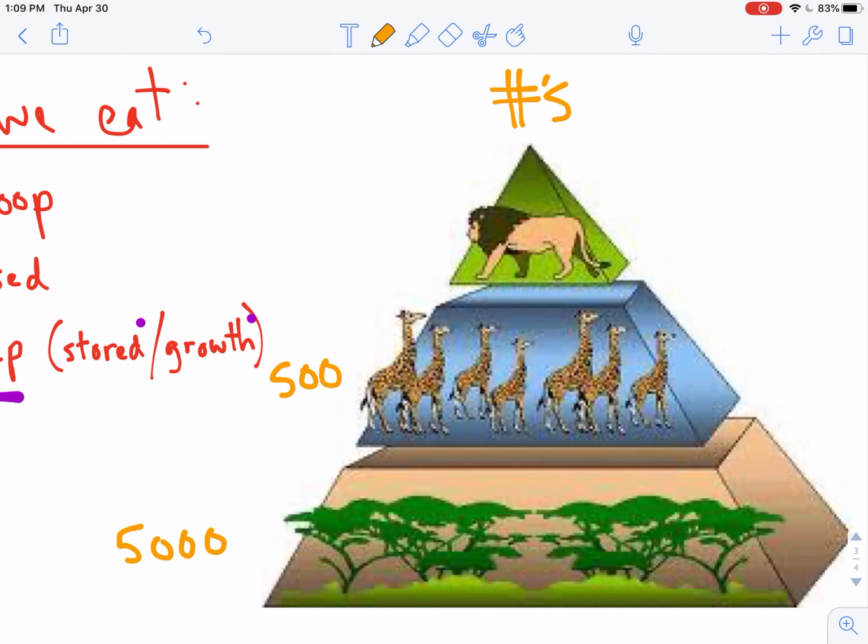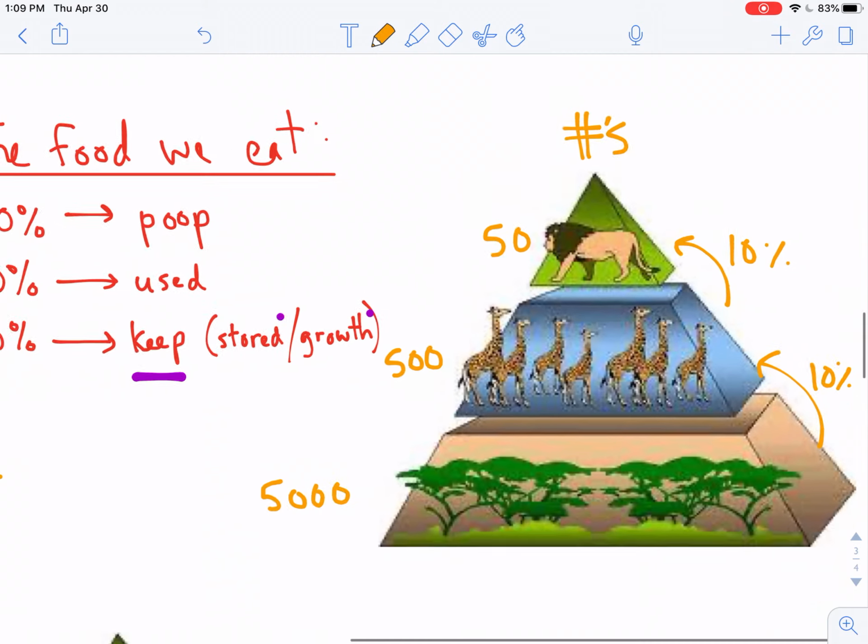So we would only find 500 giraffes. And in that same ecosystem, we expect to only find 50 lions. Again, it goes down by a factor of 10 each time. Because if only 10% of the energy goes to the next level, that means only 10% of the number of organisms can survive at the next level.